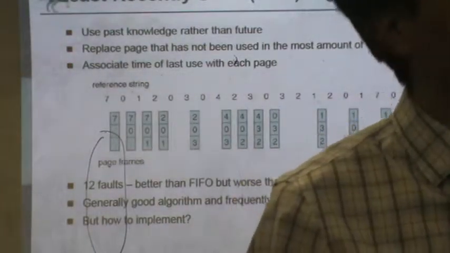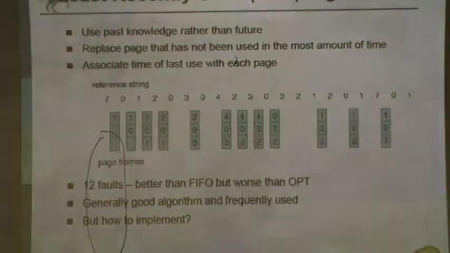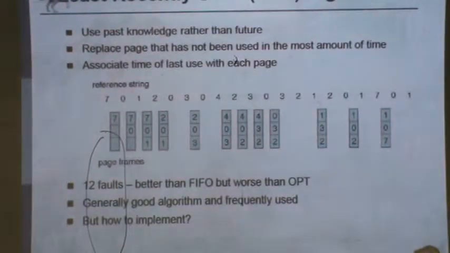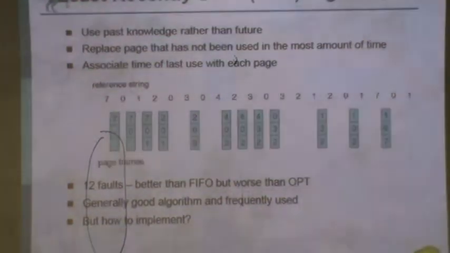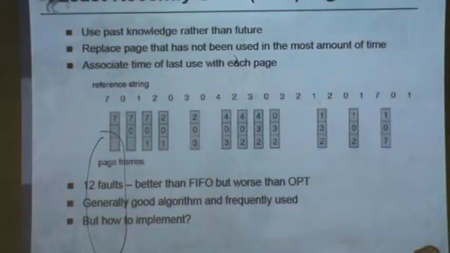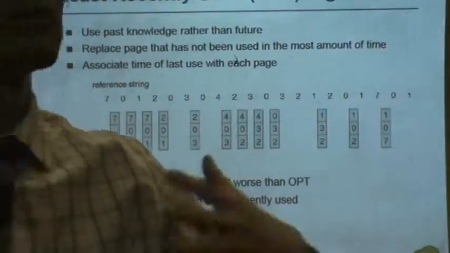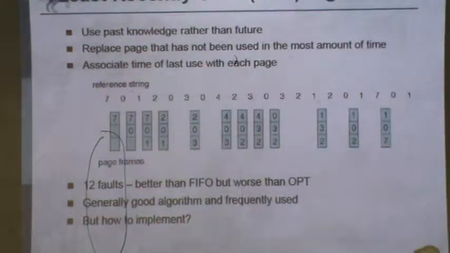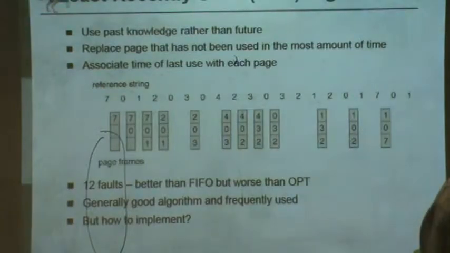To decide the victim, there are 3 algorithms that we have discussed so far. One is first in, first out: the oldest one will be the victim. Second, the optimal algorithm, see the future. If we will use it soon, we'd like to keep it; otherwise, it is the victim page. The third one, LRU: seeing the future is not easy, so why don't we see the past?